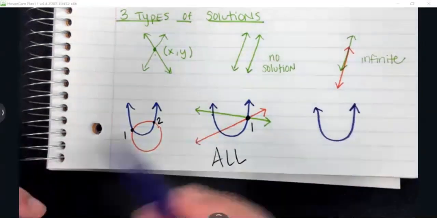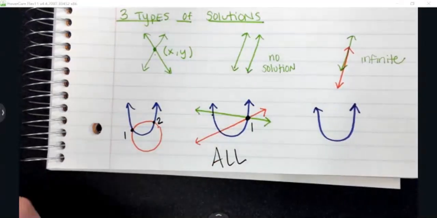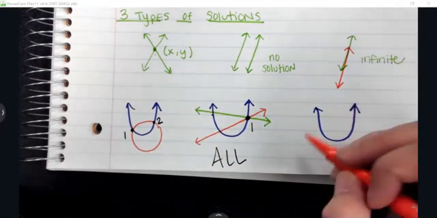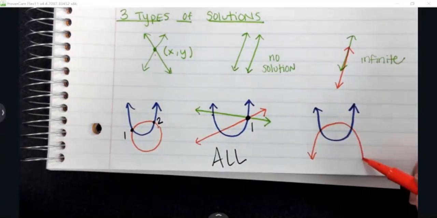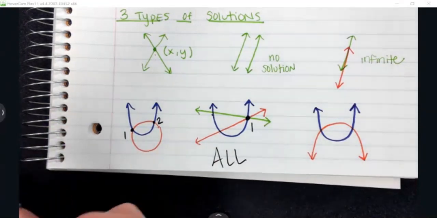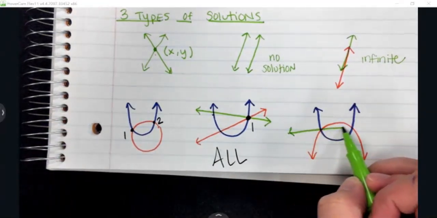So you're going to have the upward parabola. I was about to say parenthesis. Upward parabola, you know what I mean. A downward parabola. And then I'm going to have a line that cuts through the middle.